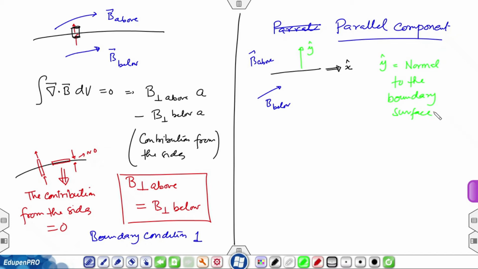I am showing everything to be big, but these are supposed to be really small. And now, to consider the parallel component, I am going to take a small loop here. Notice that the z axis is coming out.